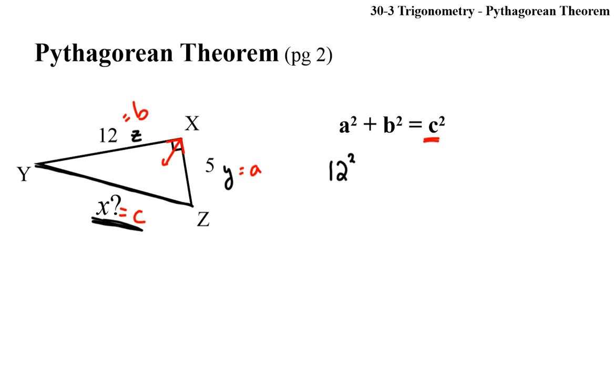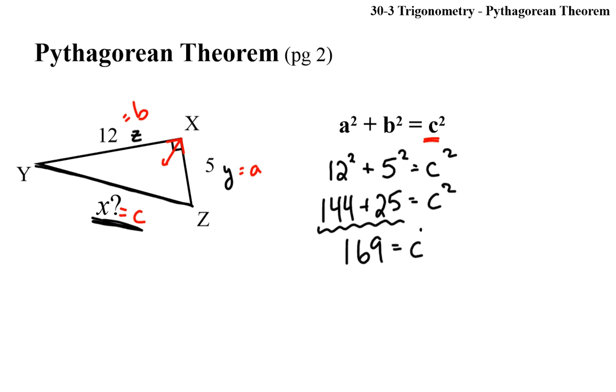So we're going to have 12 squared plus 5 squared equal to C squared. 144 plus 25 equals C squared. Well, I see I can combine those. I can get 169 equals C squared.